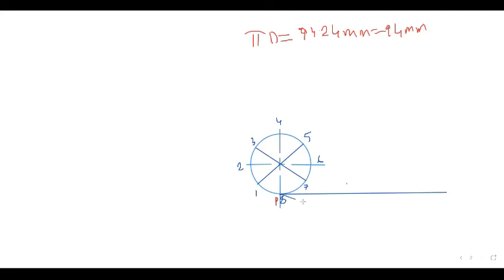So for this, we draw a line and take any measurement by compass, and give the names 1, 2.